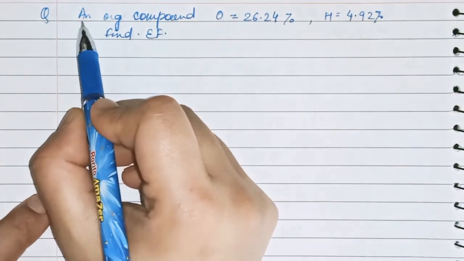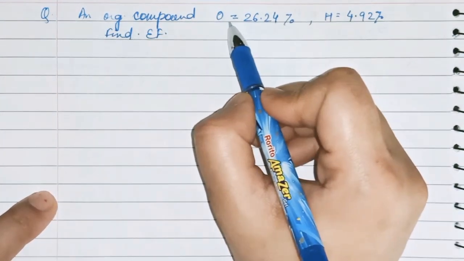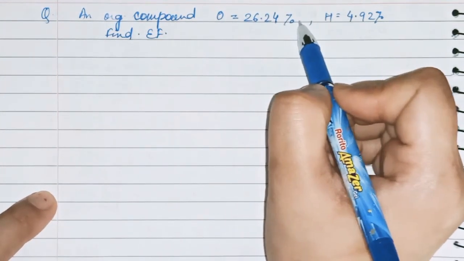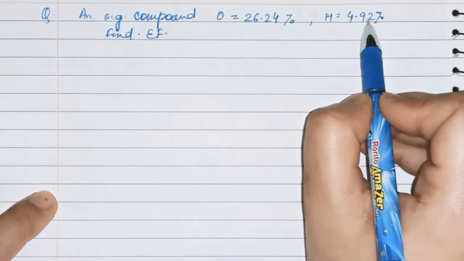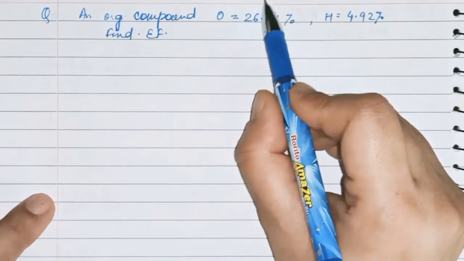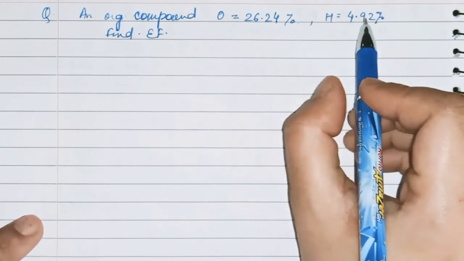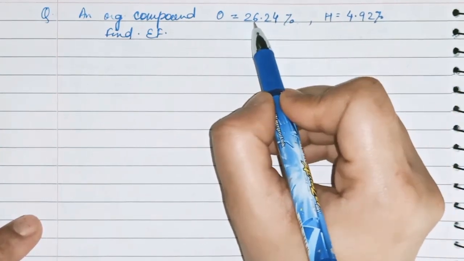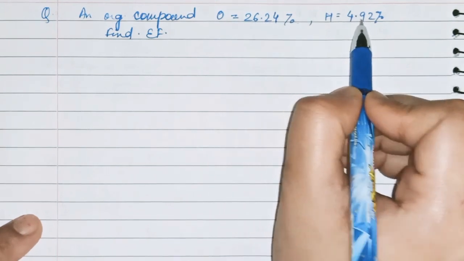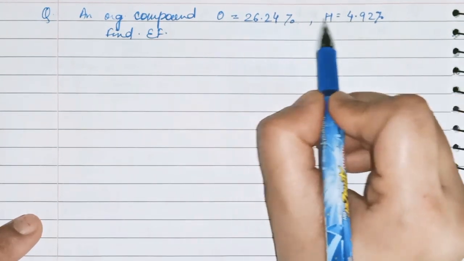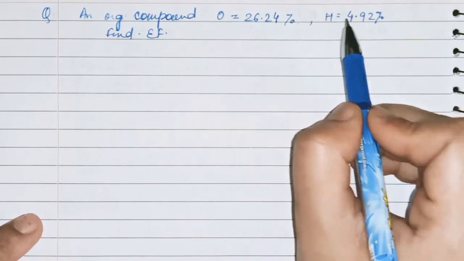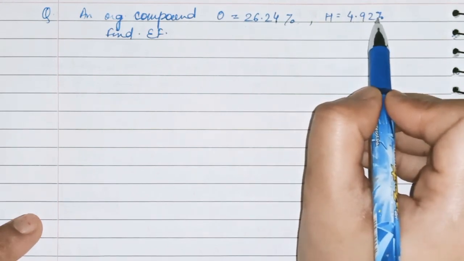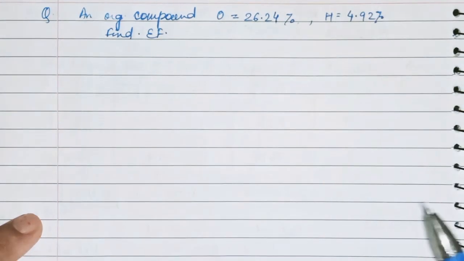Now one more question: an organic compound having oxygen 26.24%, hydrogen 4.92. So see children, here it is not mentioned that the rest is carbon. You have to be very alert here: while calculating the percentage you will add these percentages. 26 and 4 is 31 only, but where is the rest of the mass?